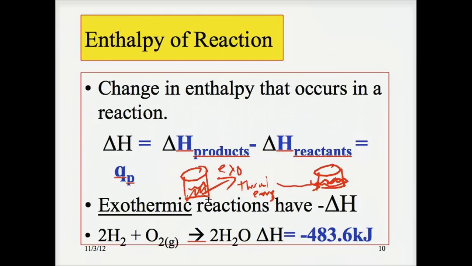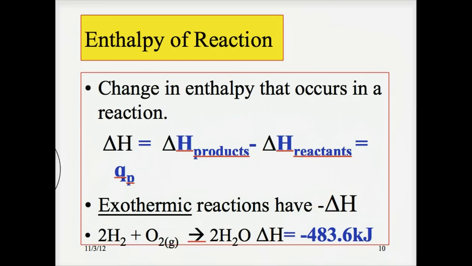So when your energy is leaving, it's exo and it's a negative sign. When it's endothermic, it's being absorbed, it'd be a positive sign. And we actually have a little bit of information here of making our water, H2 plus O2 yielding H2O, and we have an actual measure of the thermal energy associated with that.